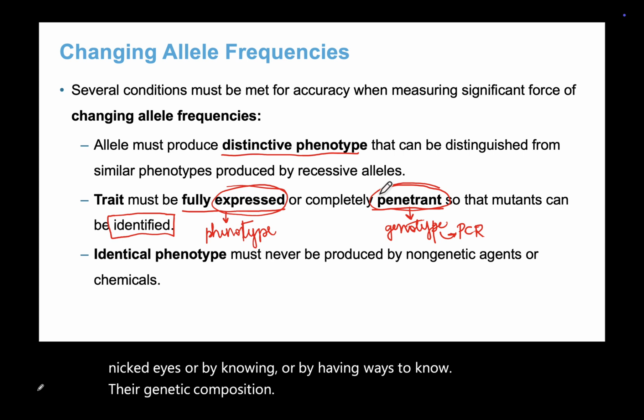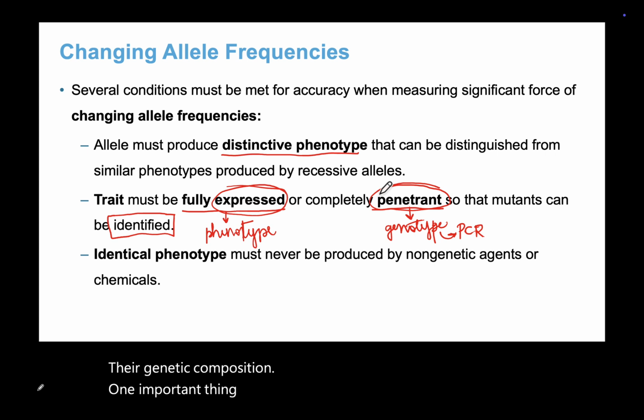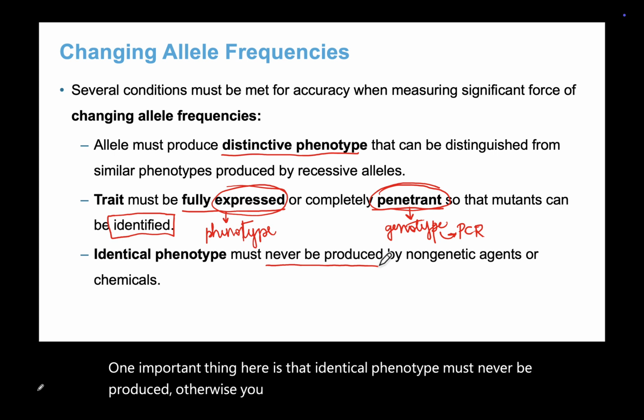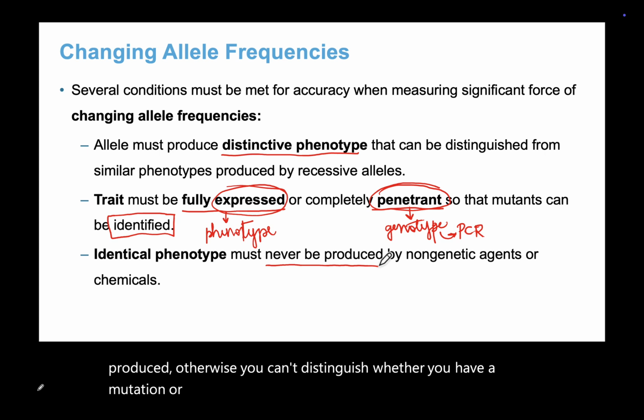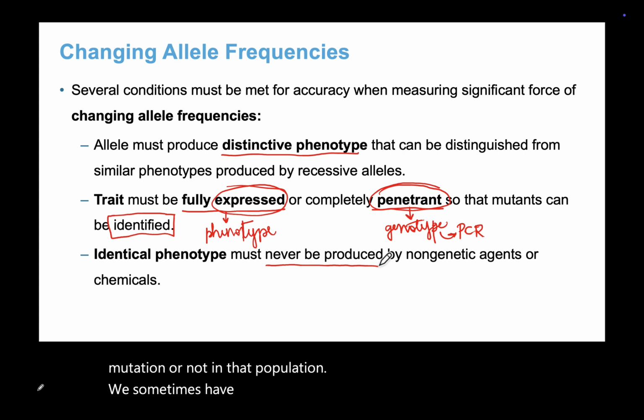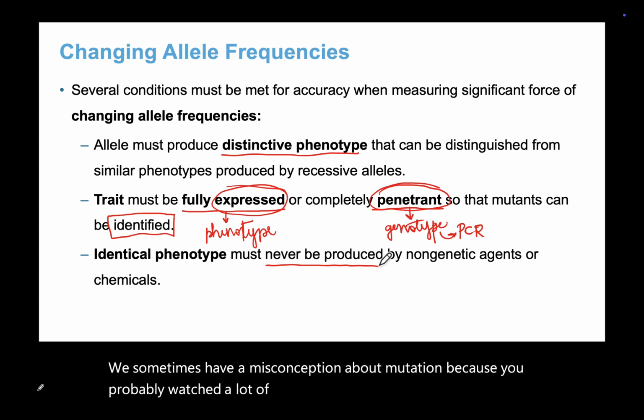One important thing here is that identical phenotype must never be produced. Otherwise, you can't distinguish whether you have a mutation or not in that population. We sometimes have a misconception about mutation because you probably watched a lot of superhero cartoons like X-Men.